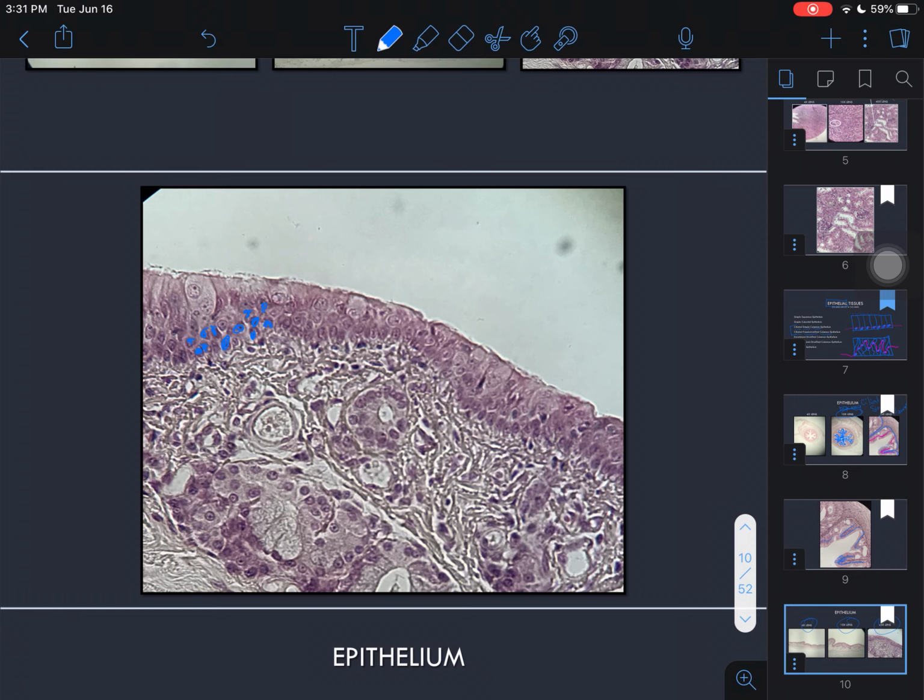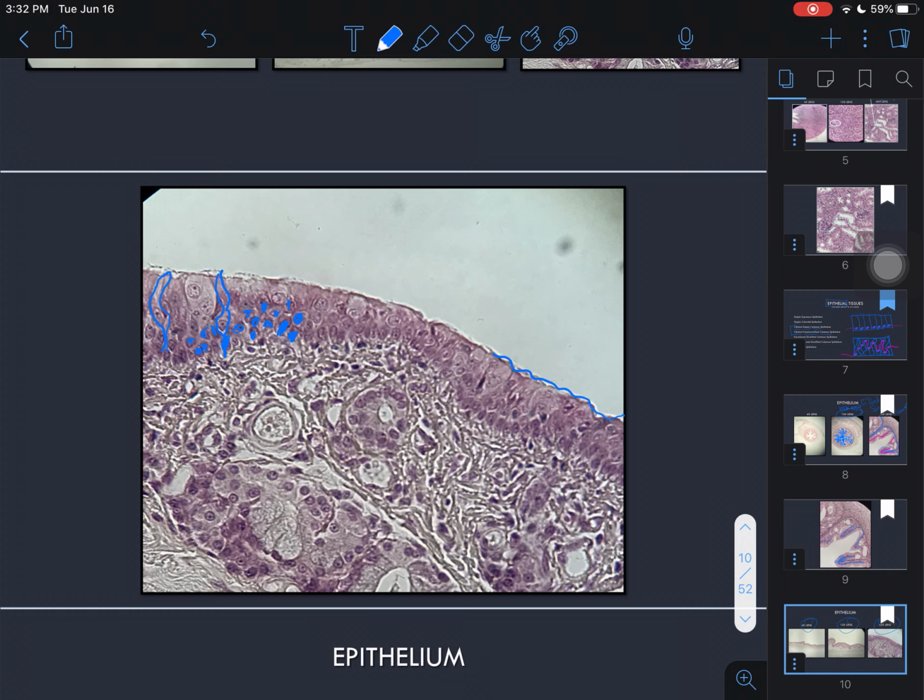They're pushing each other either on top or on bottom of themselves, but you can actually see these nice, pretty cellular walls, barely, but they're there, that tell you that this is a pseudostratified, so a fake stratified epithelium.